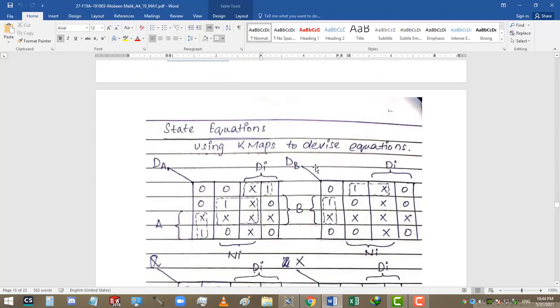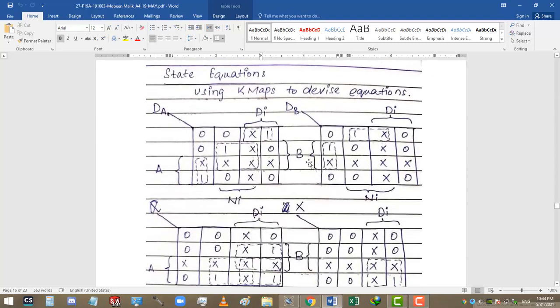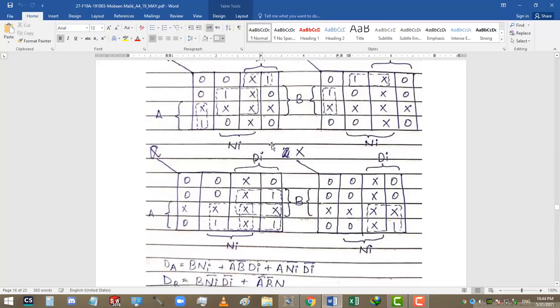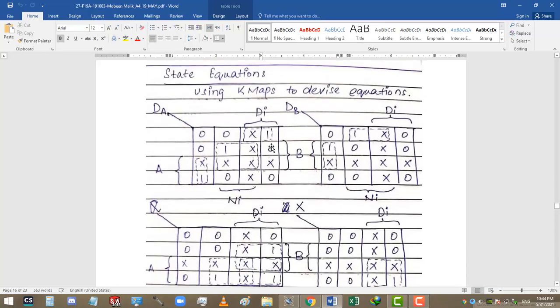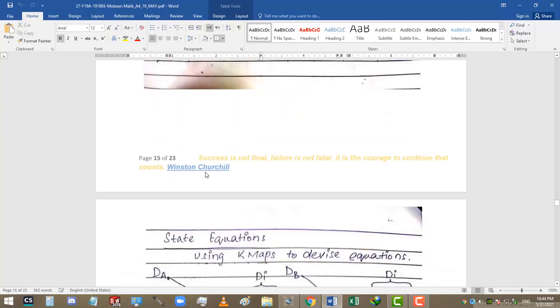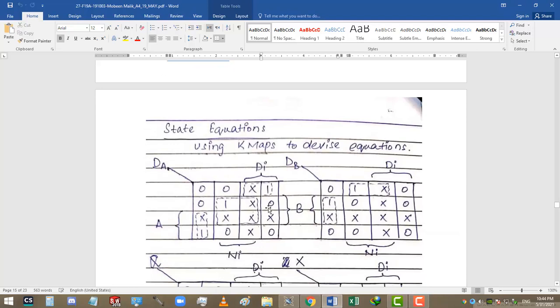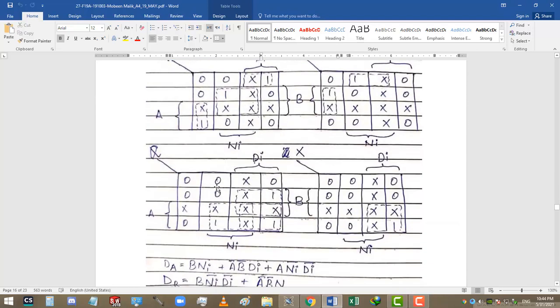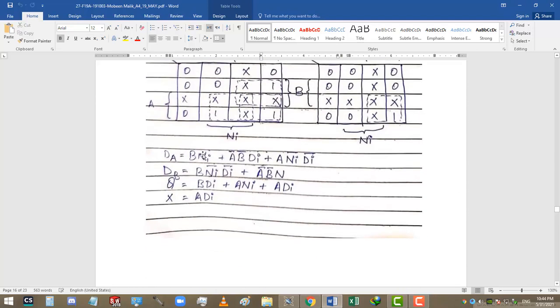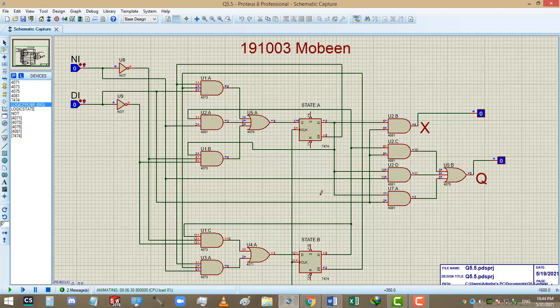After that, I have used the K-maps to solve the equations, and they have been solved for the input of the first flip-flop and the input of the second flip-flop, and these are the equations for the outputs. I have written the equations right here. Now using these equations, I have made the circuit in Proteus. As you can see right here, this is the circuit of that vending machine.